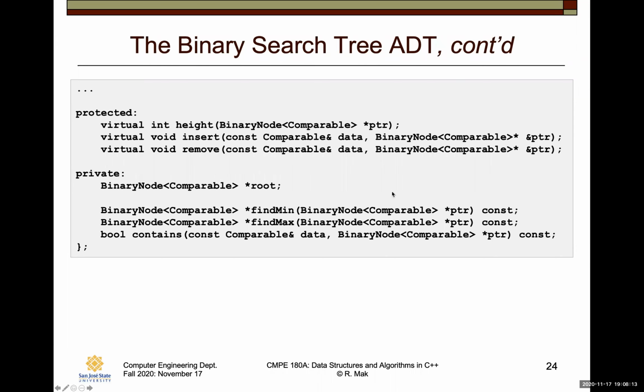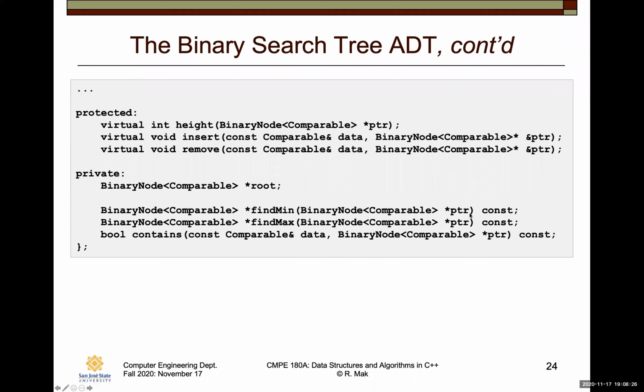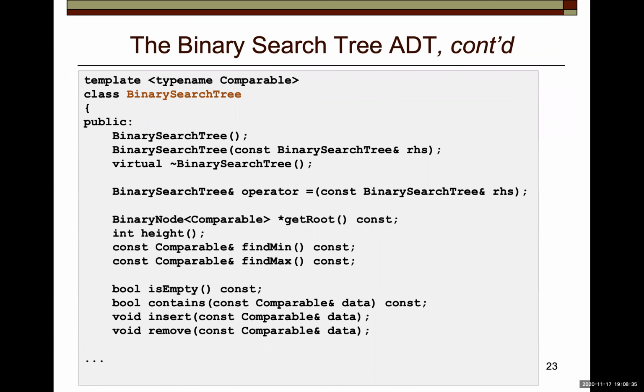Same thing with find min and find max here, whereas the public versions take no parameters at all, the protected versions do take a pointer where you want to start the search. So the implication for these public functions that do not take a starting node is that you are starting at the root.